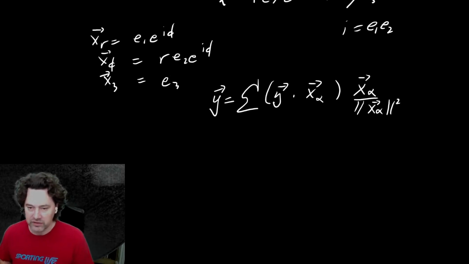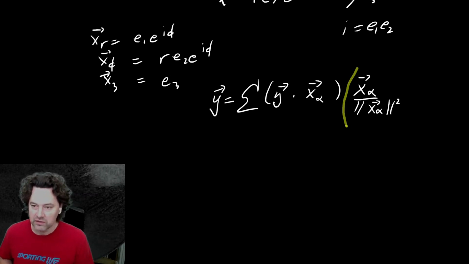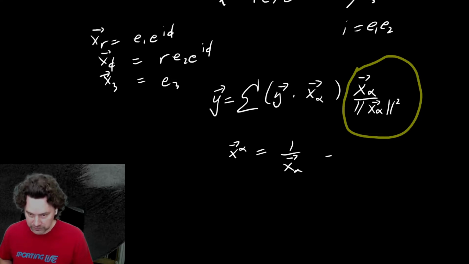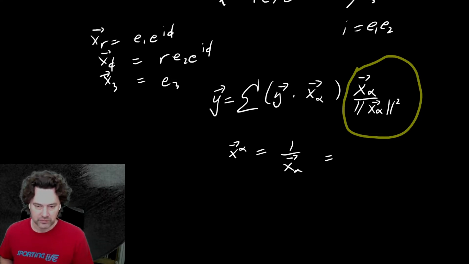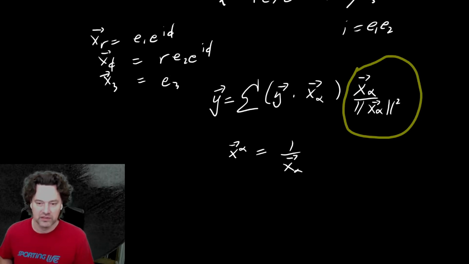Now, one thing I want to note here is that this is essentially our reciprocal frame vector for this particular coordinate system. Observe that it is just 1 over x alpha, because 1 over x alpha is x alpha over its length squared, or its dot product.